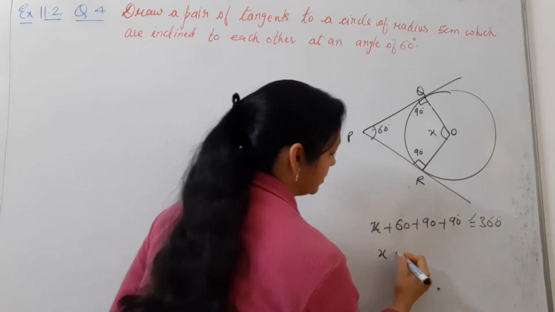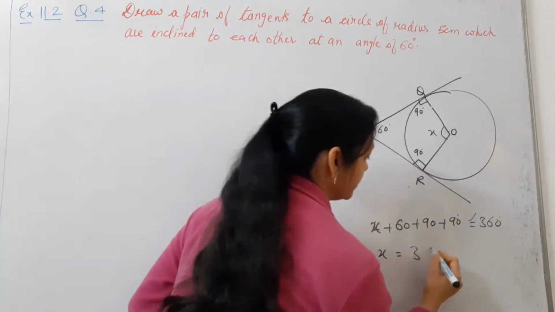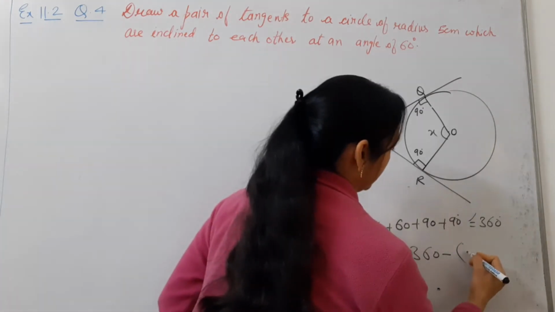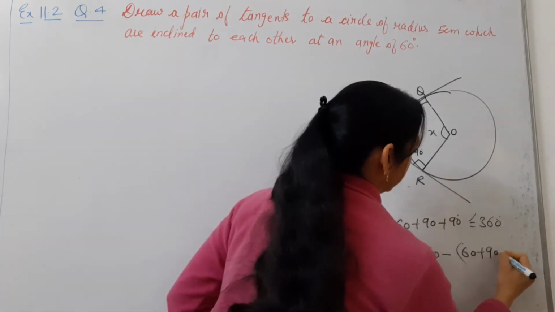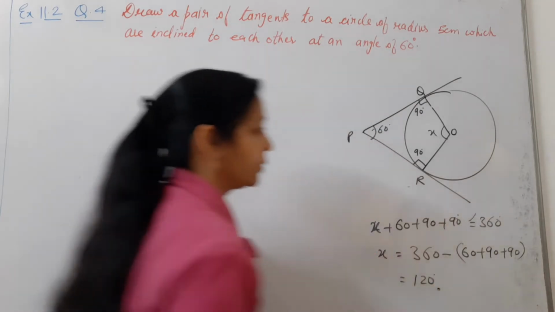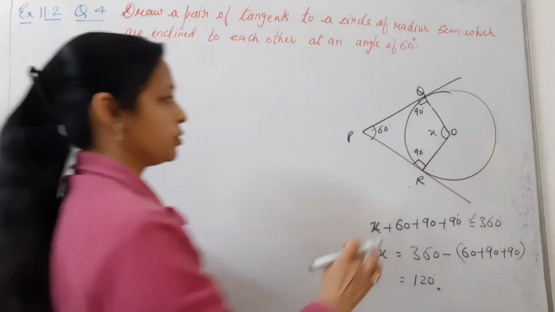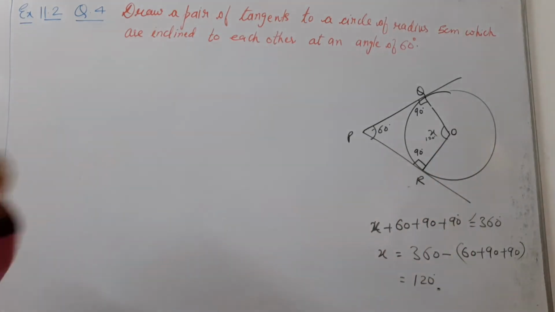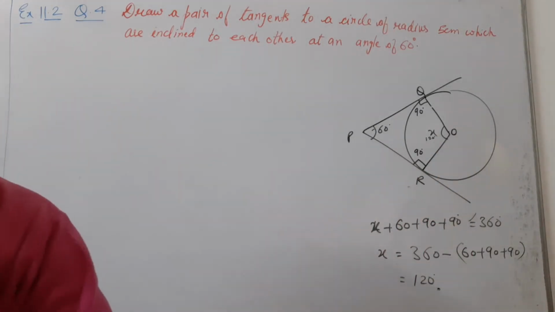So we find the fourth angle by subtracting the sum of these from 360, and that comes out to be 120 degrees. So we have X as 120 degrees. Now we will start our construction.